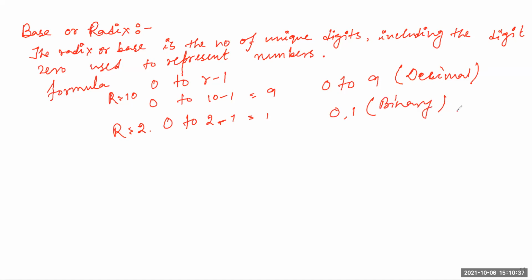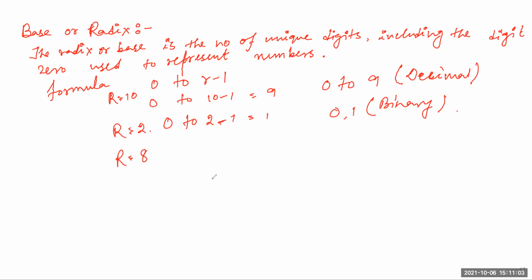For octal, the radix value is 8. R is 8. So what numbers represent the octal number system? From what to what?